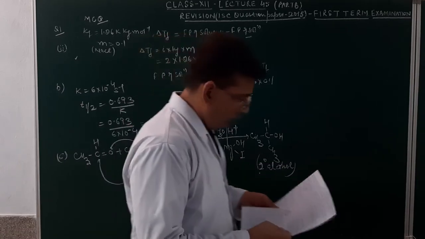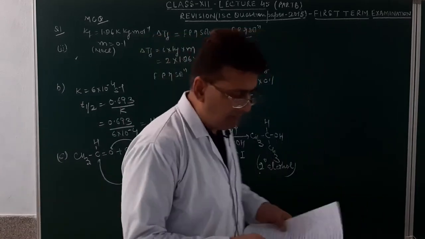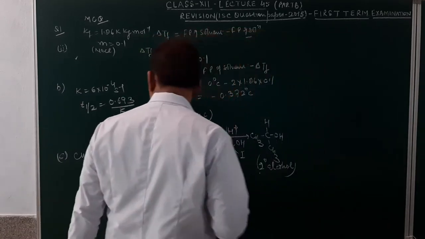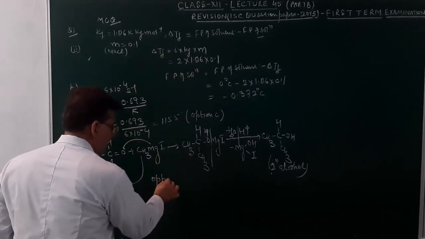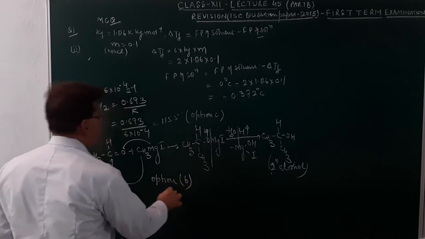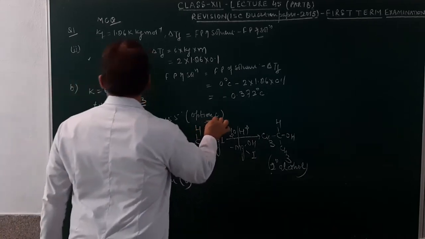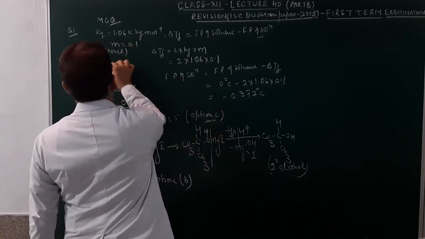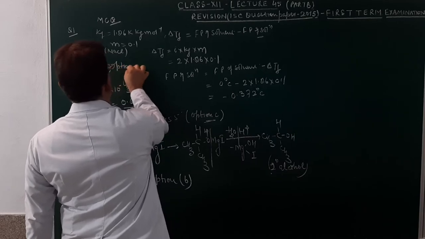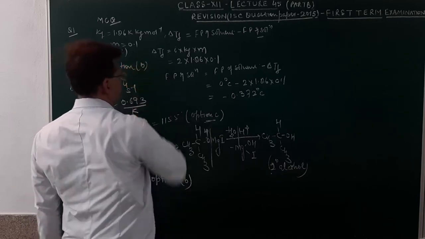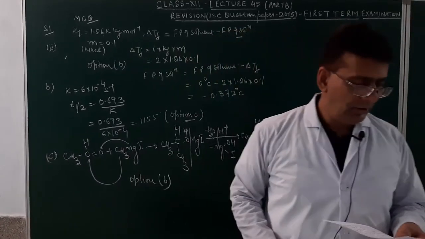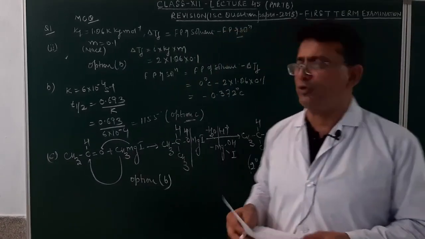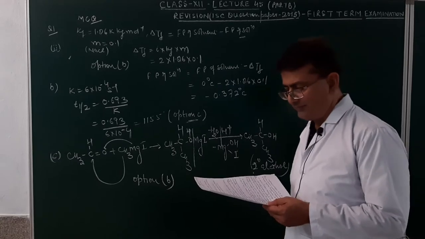Is it clear? So the option over here will be B. Acetaldehyde will give secondary alcohol. Here the option was B, or second. Am I clear? So these were 3 multiple choice questions in the paper in the year 2015.